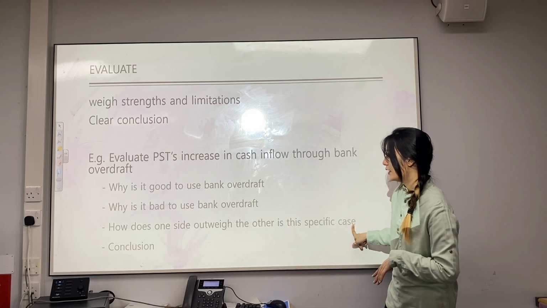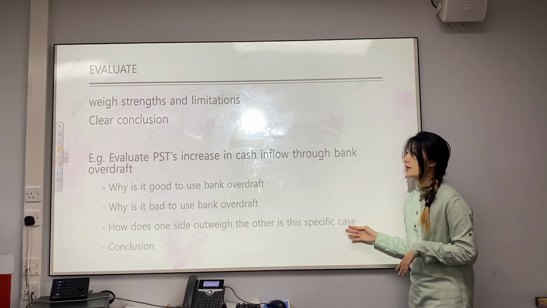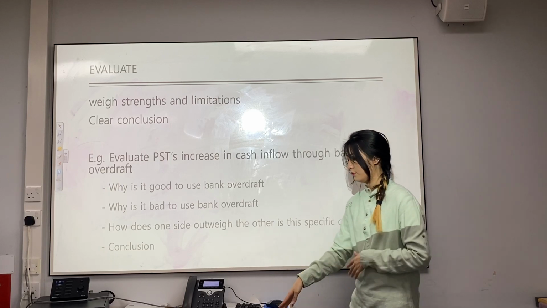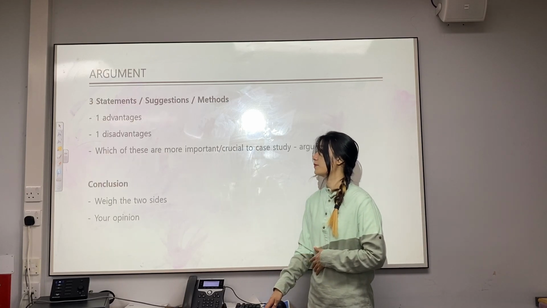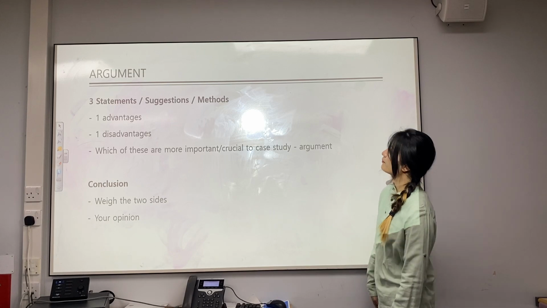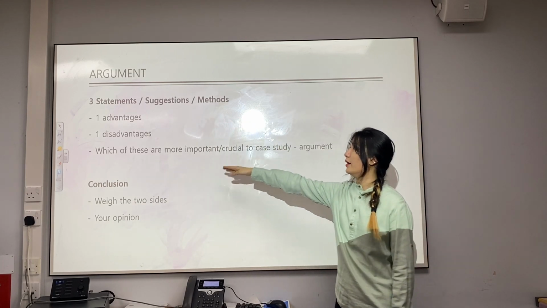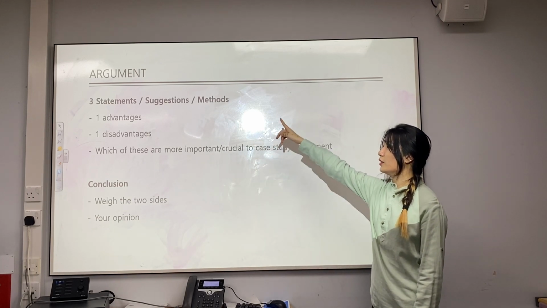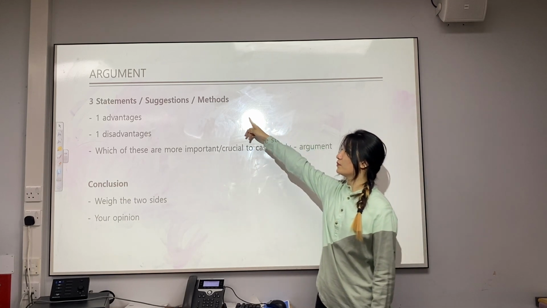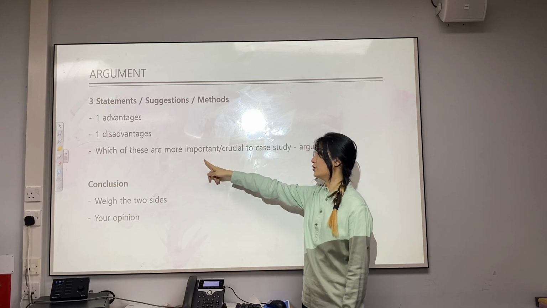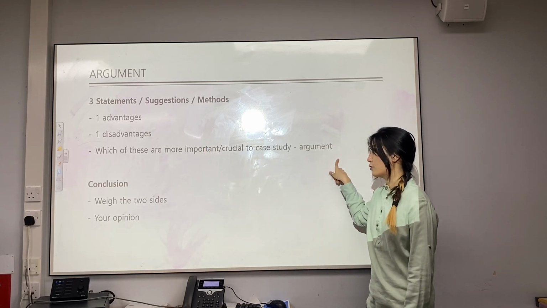So how does one side outweigh the other in this specific case, with a conclusion? That should have had a balanced in front. Anyway, you're going to give three statements. So one statement: advantage, disadvantage. Which of these are more important or crucial to the case study?